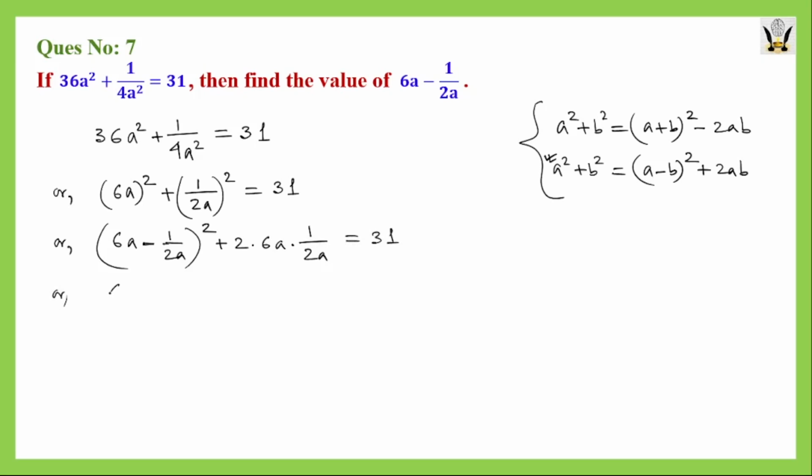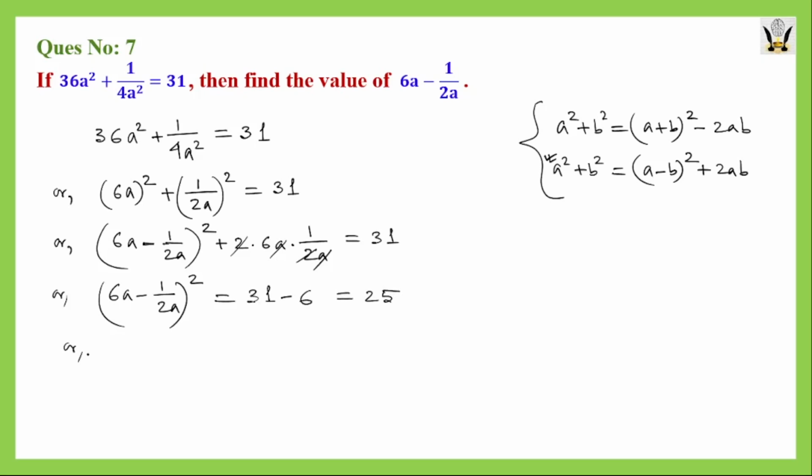And if we simplify 2ab, a will cancel each other, 2 will cancel each other, so what will remain in the second term on the left side is 6. If we take that to the right side, it will be 31 minus 6, which is equal to 25.